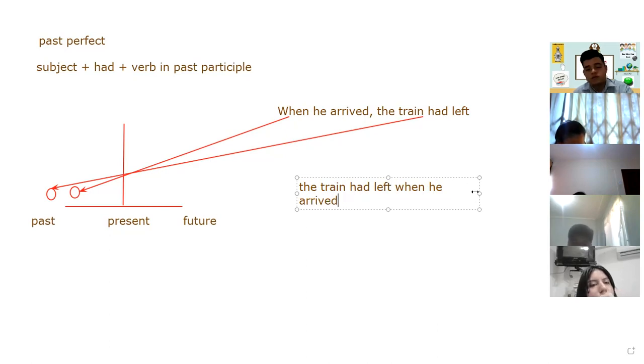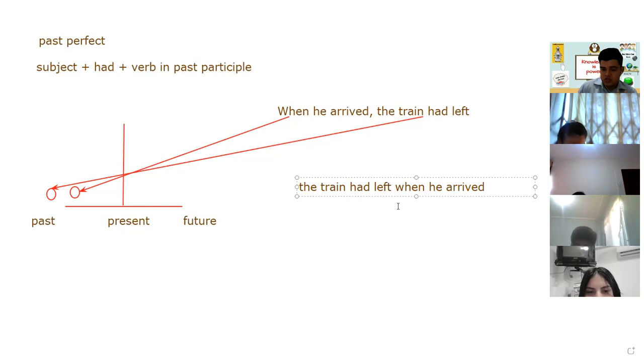And this statement gives you to understand that these actions occurred in the past, but one of these actions happened before the other. What is the first action that happened before? The train had left. And what is the other action that happened in the past, but after this one? When he arrived.